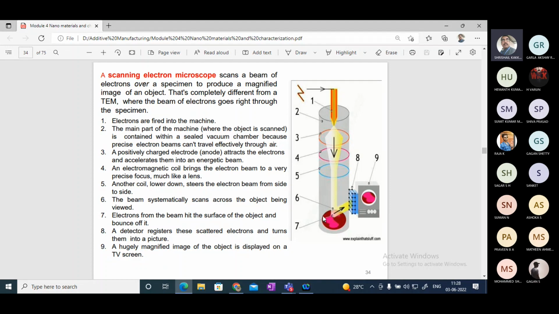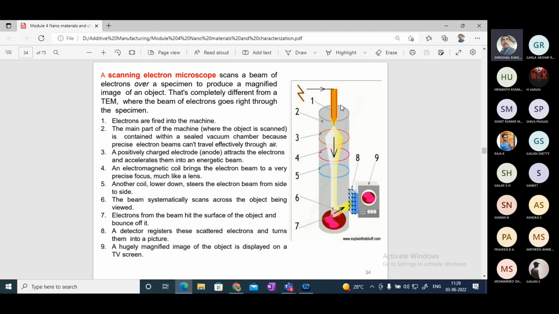In this case, the narrow space will be totally vacuumed. That means there will not be air inside, and the specimen will be kept at one end, and the other end will be the electron gun. The electrons from the cathode will be emitted after the threshold heating, and those will be scattered.